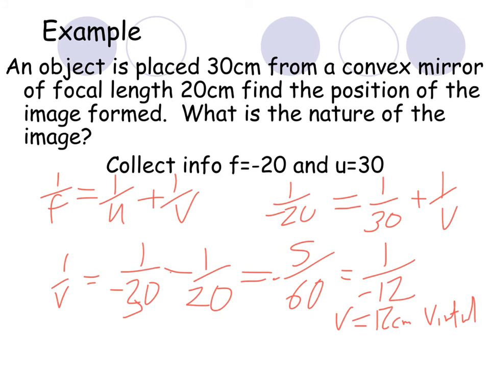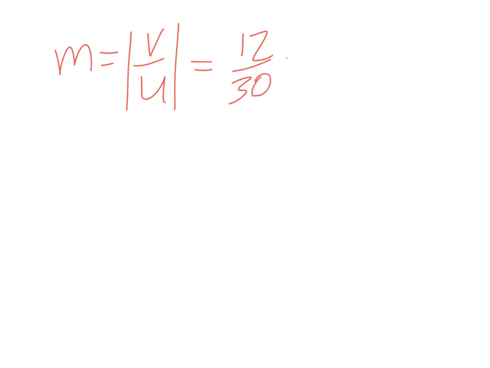Now, the M in this case, okay, we've got a U of 20 and a V of 12. So if I just do this, the M is equal to V over U. And as I said, that's a modulus. So instead of minus 12, we simply write down 12 over 20, which is smaller, which is what we'd expect with a convex mirror.